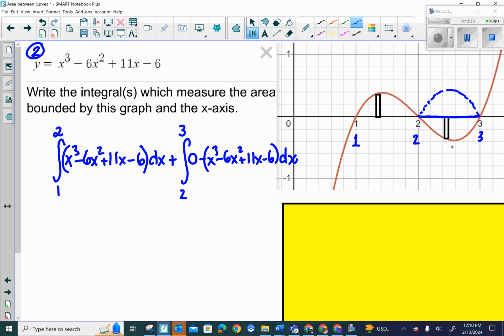And you actually could take the integral of the absolute value of x cubed minus 6x squared plus 11x minus 6 from 1 to 3, and that would work as well. But let's stick with the basics now. Upper minus lower for your curve height. And those are the integrals which measure the area.